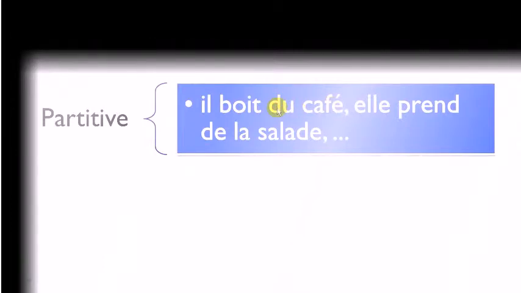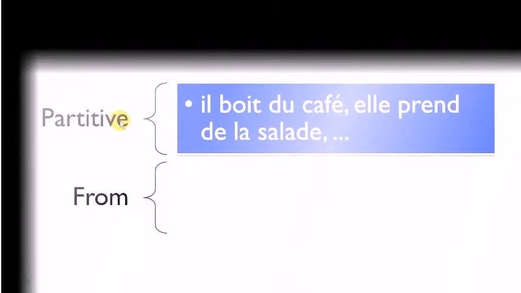That's the partitive form. Il boit du café. Second example, elle prend de la salade. Prendre is to take, de la salade, some salad. So first use of this preposition de, it's this partitive concept.